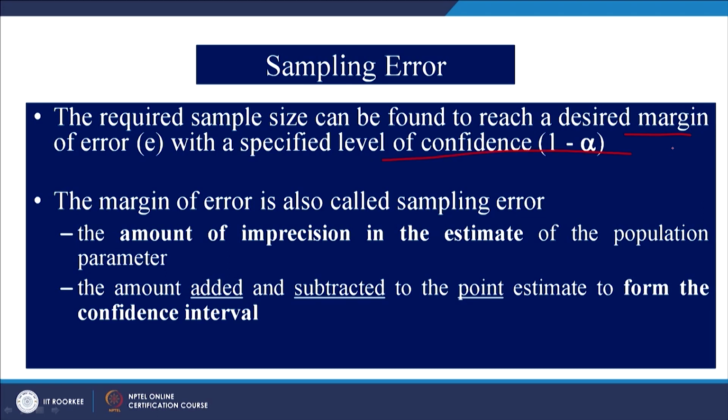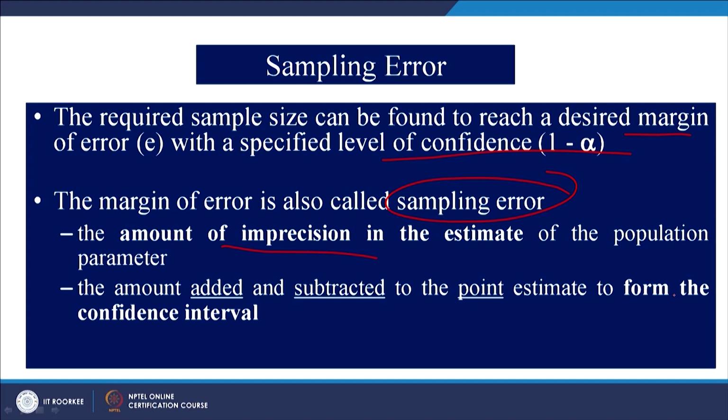The margin of error is also known as sampling error. The amount of imprecision in the estimate of population parameter. What is sampling error? Sampling error is the amount of imprecision in the estimation. The amount added or subtract to the point estimate to form the confidence interval, right.